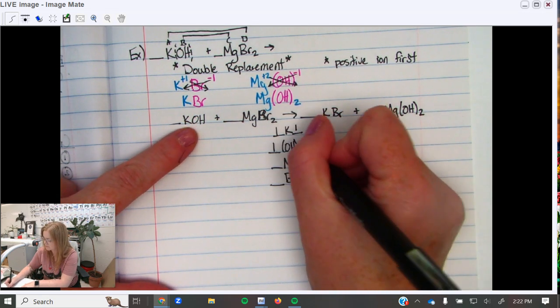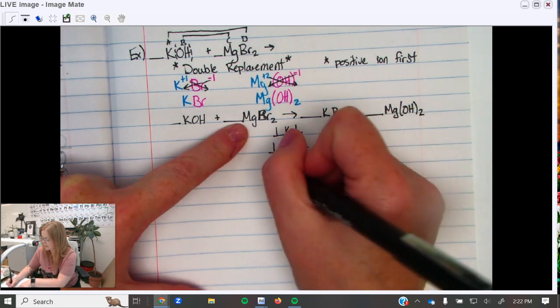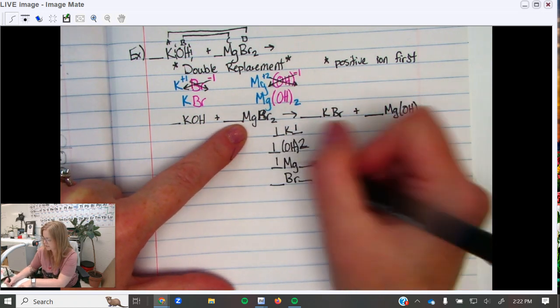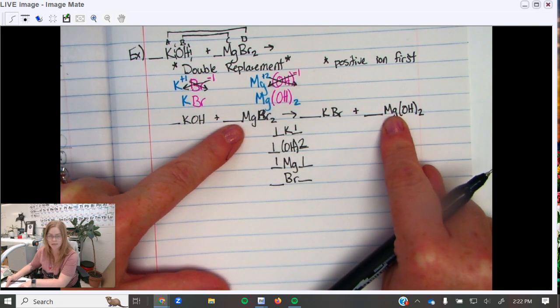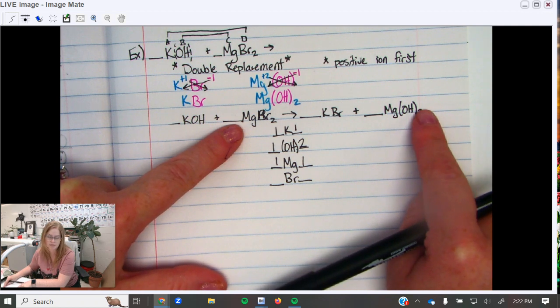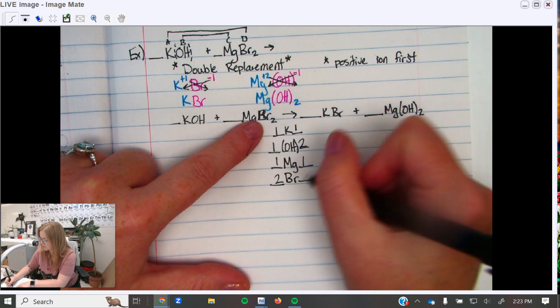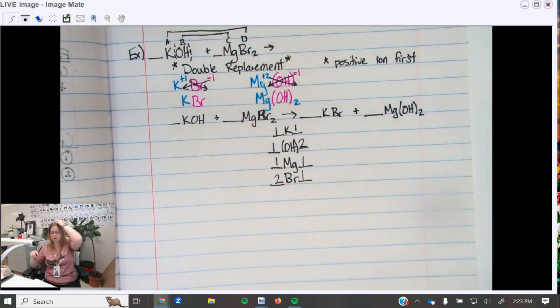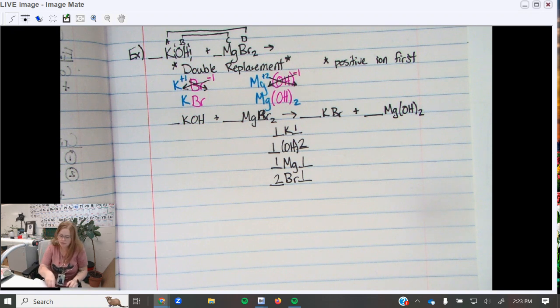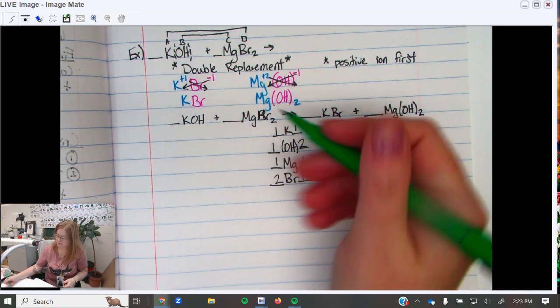On the right, I have 2 OHs. On the left, I have 1 Mg. On the right, I have 1 Mg, because remember that 2 only applies to the parentheses. And on the left, I have 2 Brs, and on the right, I have 1 Br. So I could start with the OH, or I could start with the Br. It doesn't really matter.